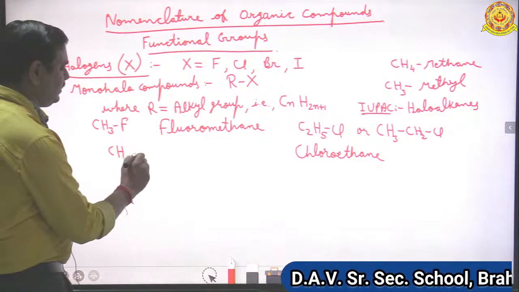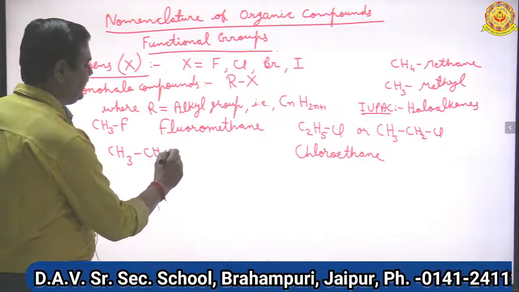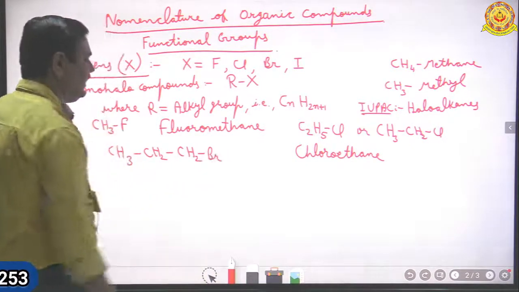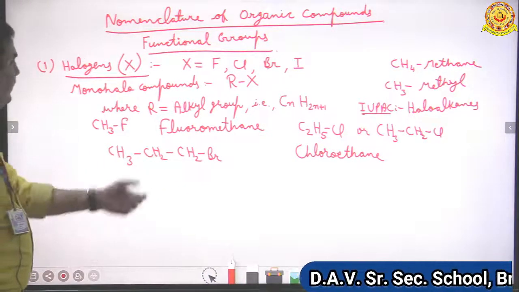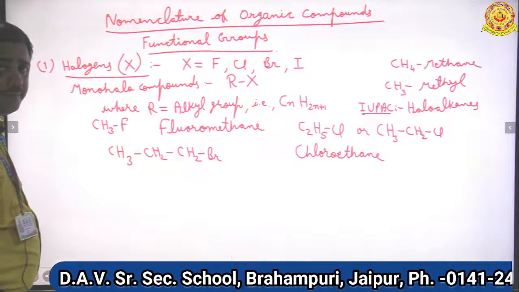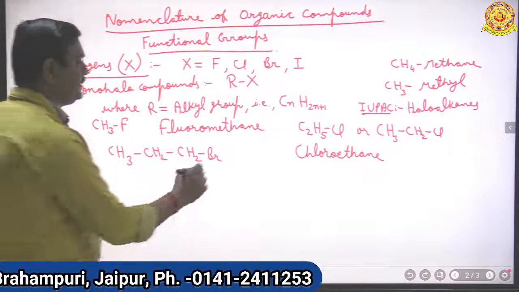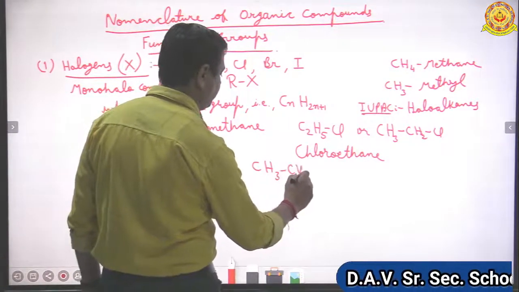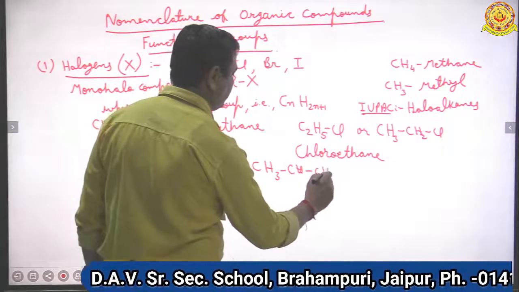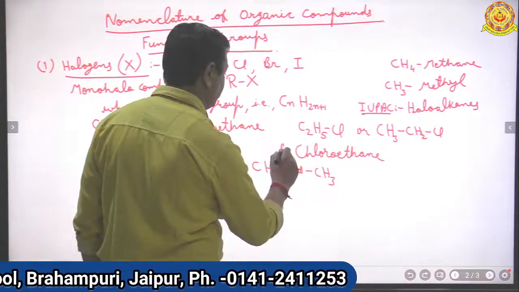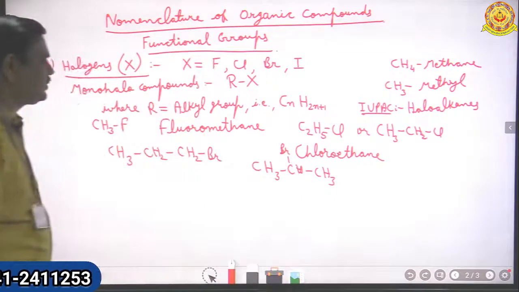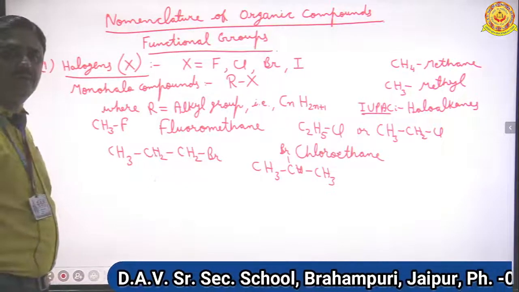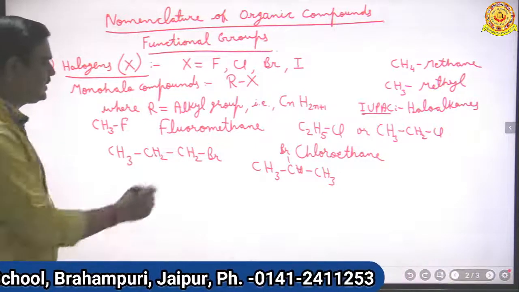Now it is not necessary that the halogen will always be attached at the terminal. This is also possible. Now here we have to indicate the position of the substituent or this functional group.